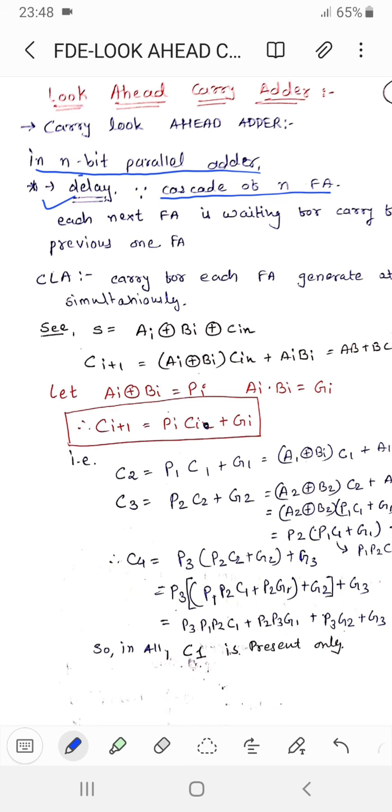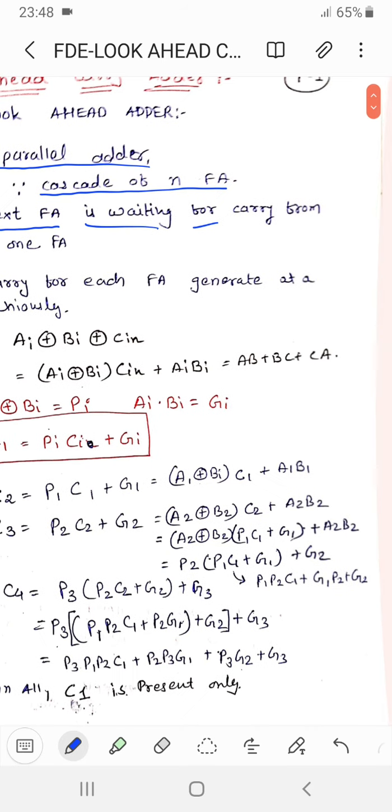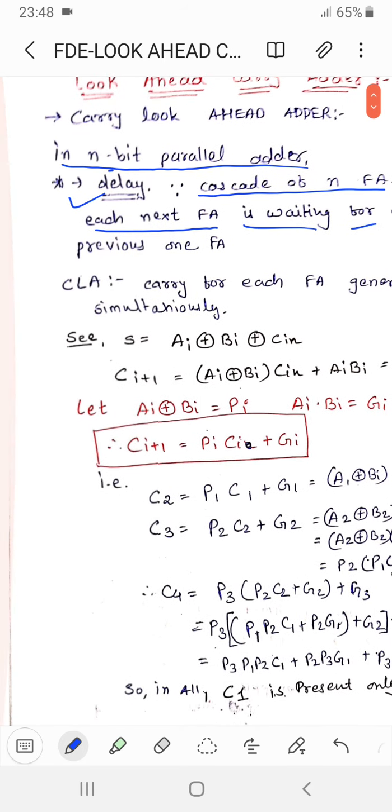Each next full adder is waiting for the carry coming from the previous full adder. Until the previous full adder finishes its operation and the carry is generated, the next full adder will not do its operation properly. Because of that, the delay will be there.